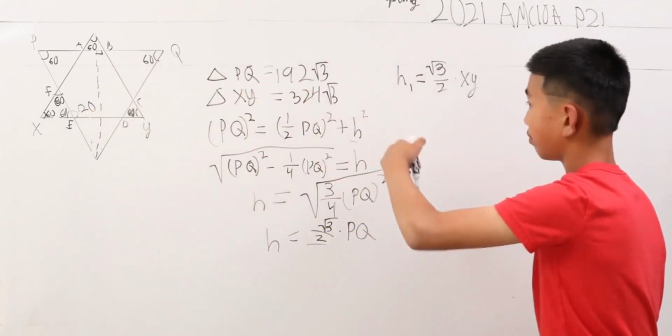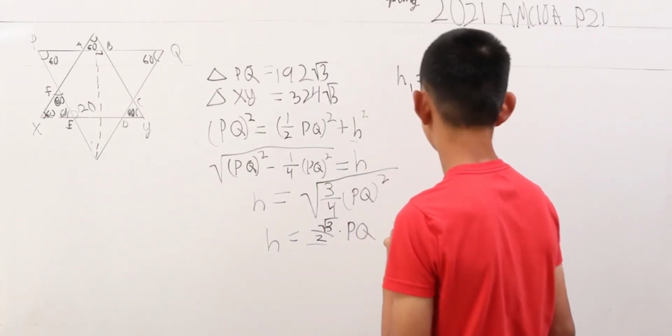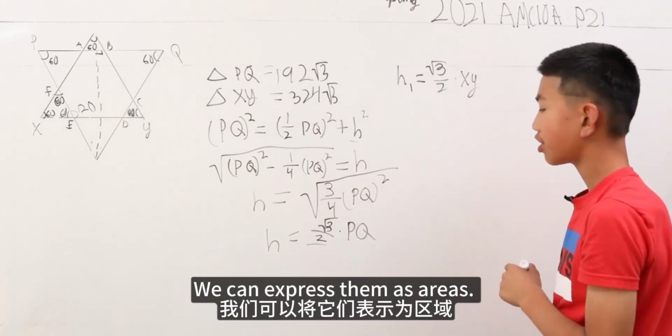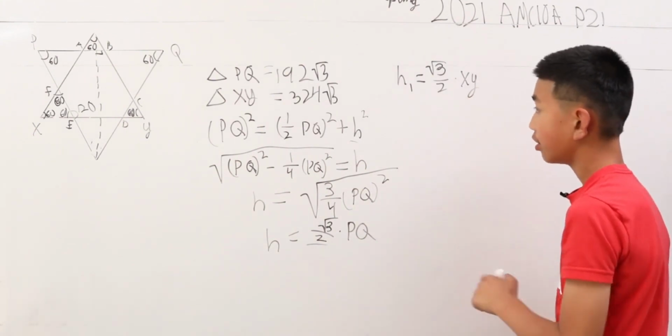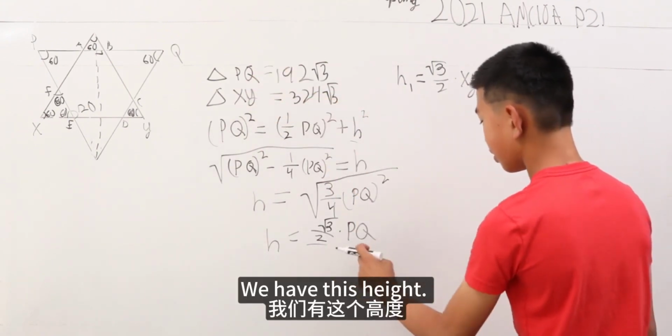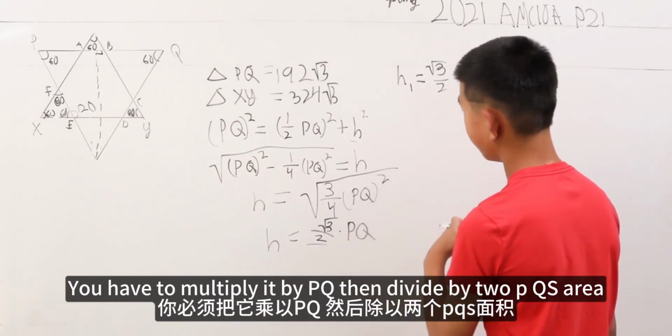So we have these two heights. We can express them as areas. Let's take this PQ area. We multiply the height by PQ, then divide by 2.